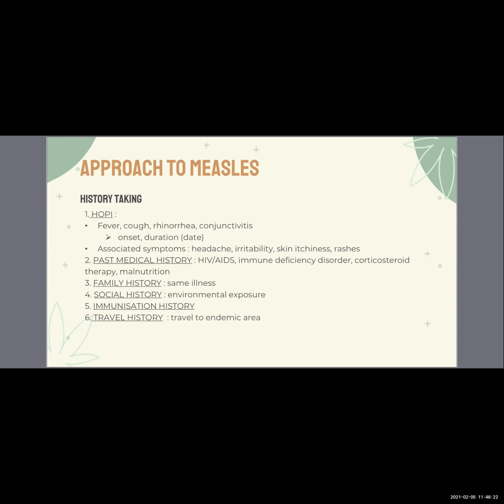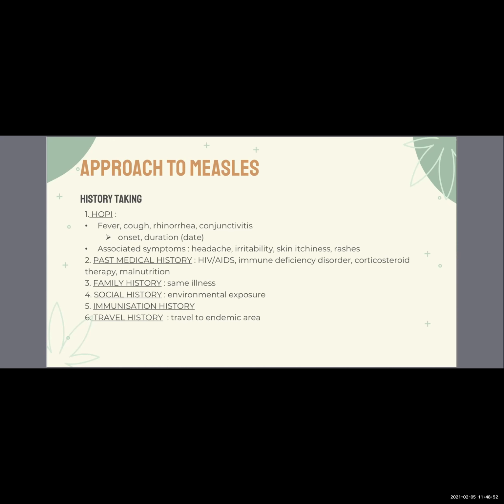Then we ask about associated symptoms such as headache, irritability, skin itchiness, and rashes. In past medical history, we ask if the patient has been diagnosed with HIV or AIDS, has a history of immune deficiency disorder, has taken corticosteroid therapy, or has been diagnosed with malnutrition.